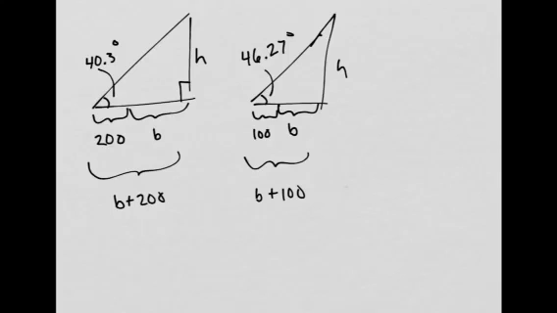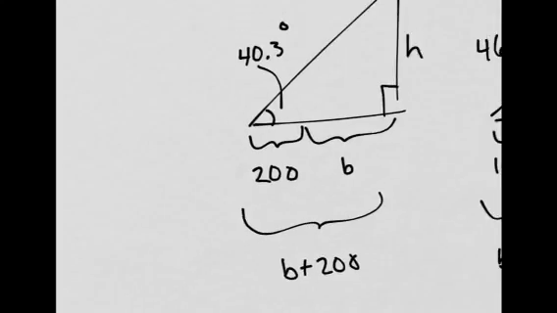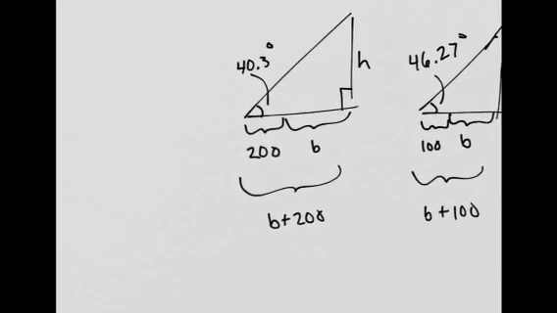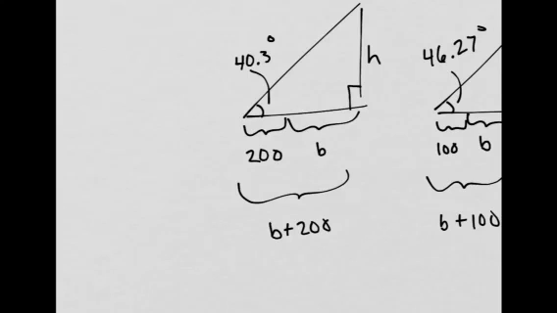The next question that I would ask is, for this bigger triangle, how could I write an equation involving my degrees of 40.3, my side length here, and my height here? How could I write an equation?